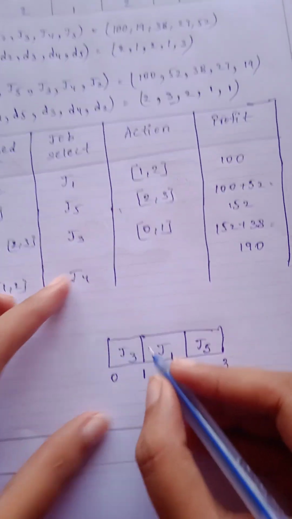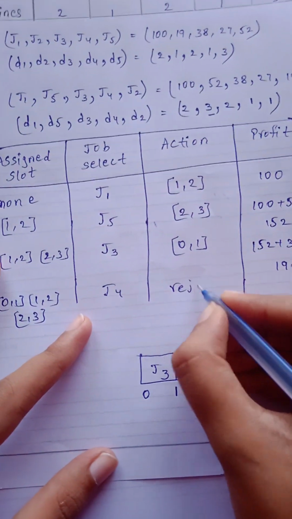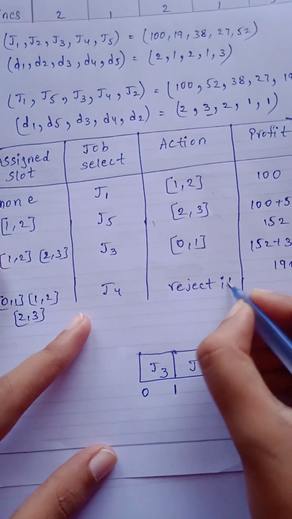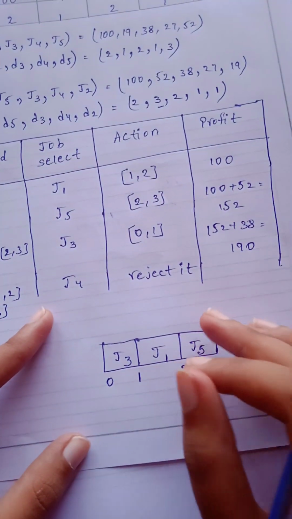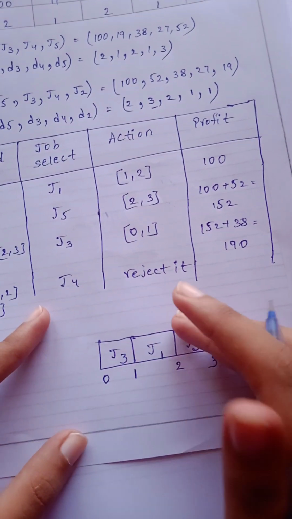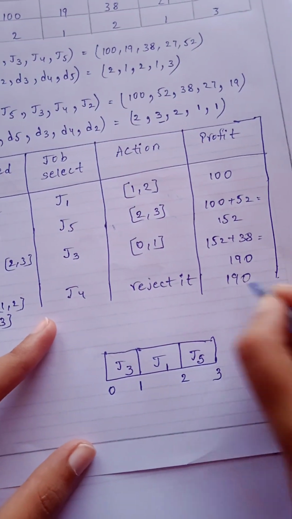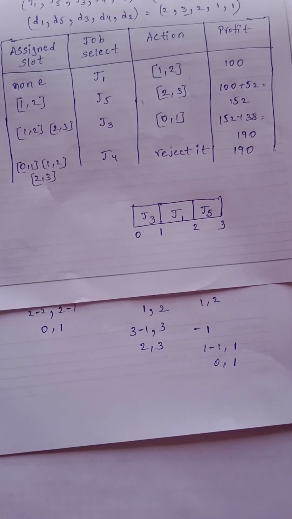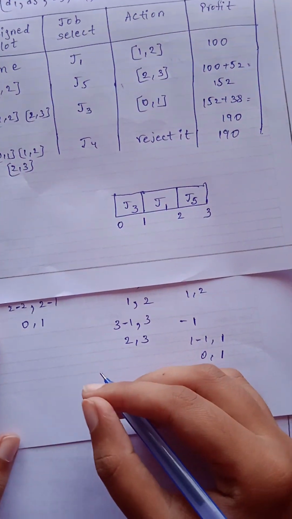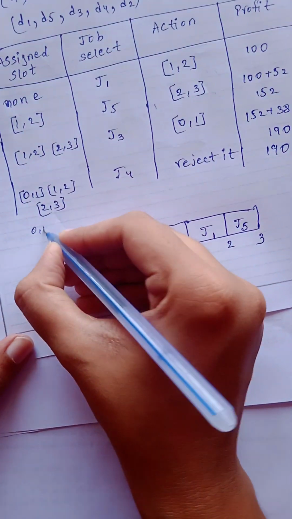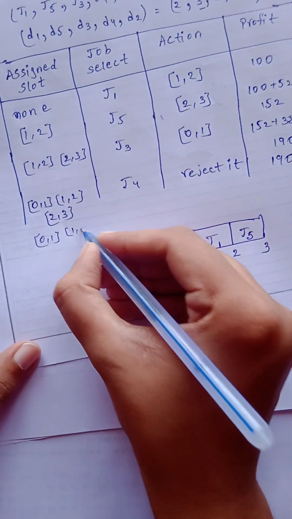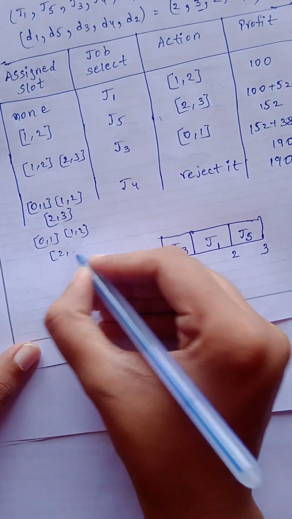Here the action is rejected, because we cannot place the corresponding job in the corresponding slot. So the profit is 190. Now the second job profit is 19. The assigned slots are the same: 0, 1, 1, 2 and 2, 3.